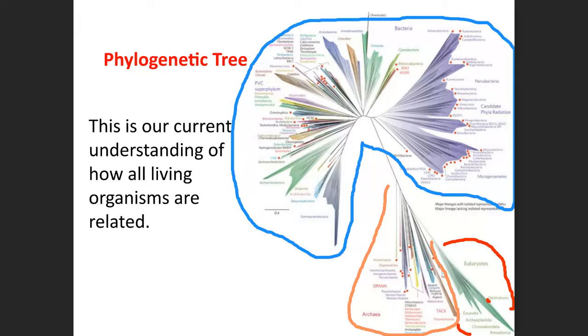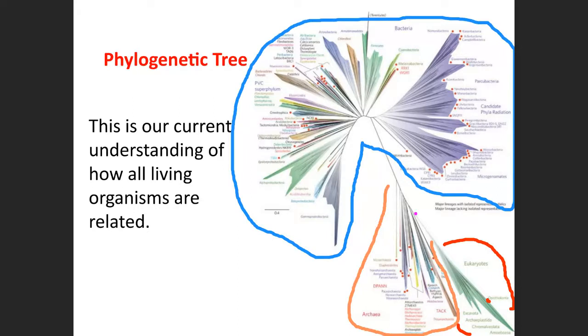And when you think about this, right, what do we have a common ancestor with? Which other domain does the eukarya have a common ancestor with? What do you think? The archaea. Yep, right here. So what that means is that we share a common ancestor and common traits with the archaea.